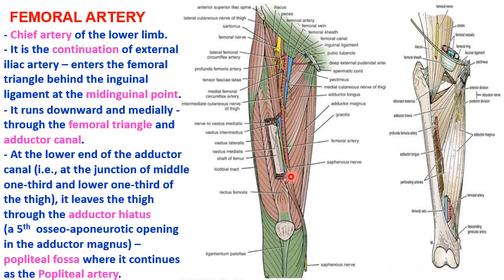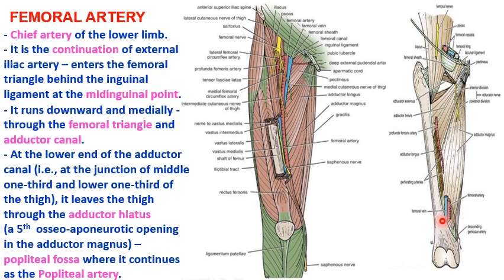At the lower end of the adductor canal, that is at the junction of the upper two-thirds and lower one-third of the thigh, it leaves the front of the thigh through the adductor hiatus, which is the fifth osteoaponeurotic opening in the adductor magnus.